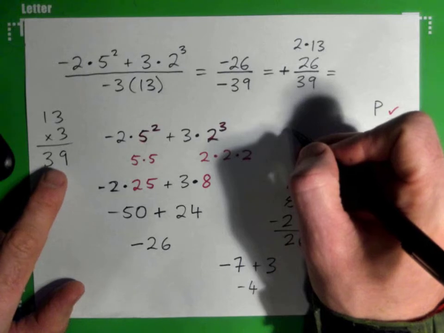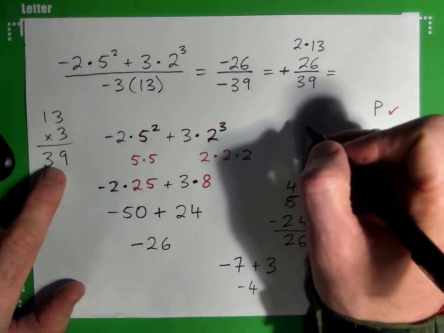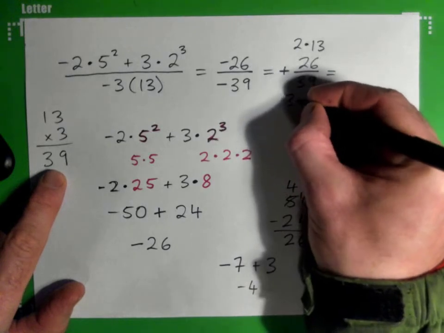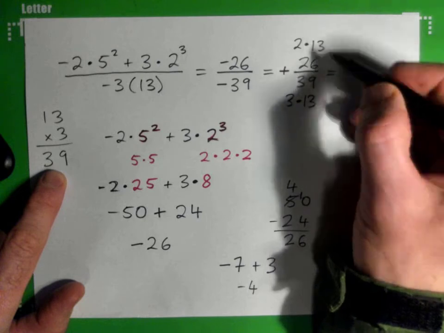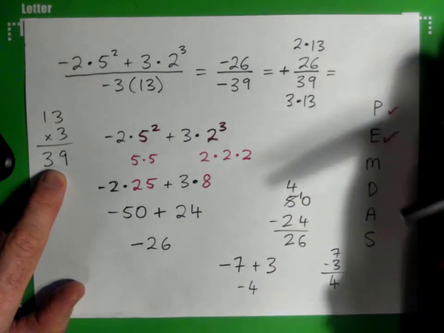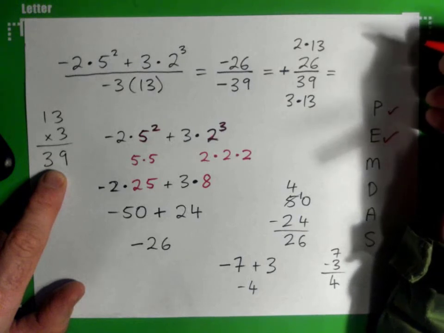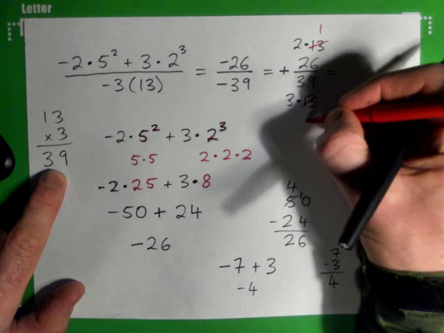Well, look what we did at the start of the problem. Look at that, 3 times 13. Right? So we've got 2 times 13 over 3 times 13, don't we? Now, what can we cross cancel? Yeah, 13 goes into 13 once, 13 goes once.